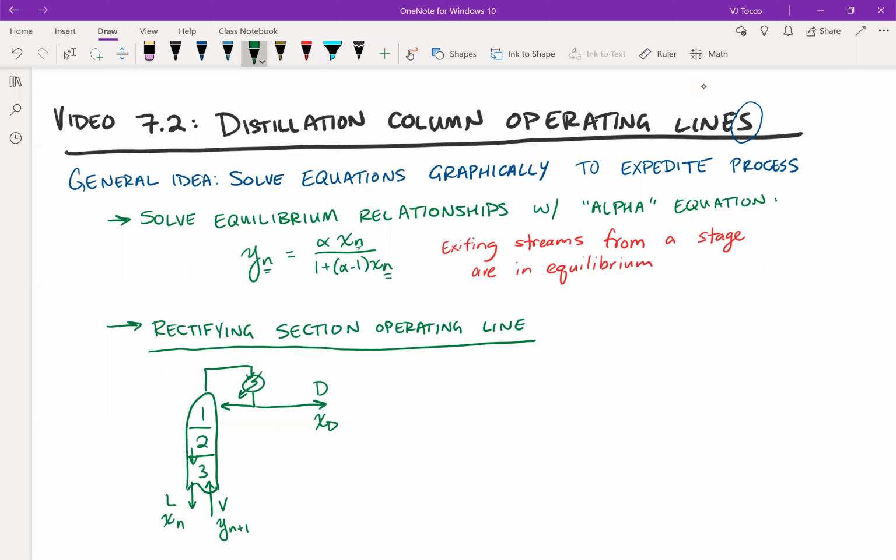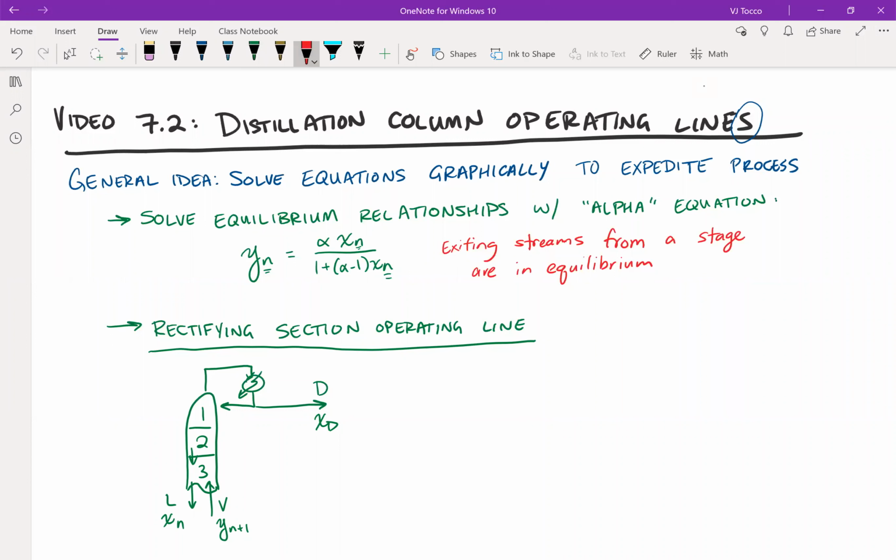And similarly, V3 is going to be equal to V4, and so on. So I don't need subscripts on my liquid and vapor flow rates, but I do have subscripts on my purities. I'm going to call x sub n the purity of the stream coming from whatever stage is on the bottom of the rectifying section, and y sub n plus 1 coming from the stage below.